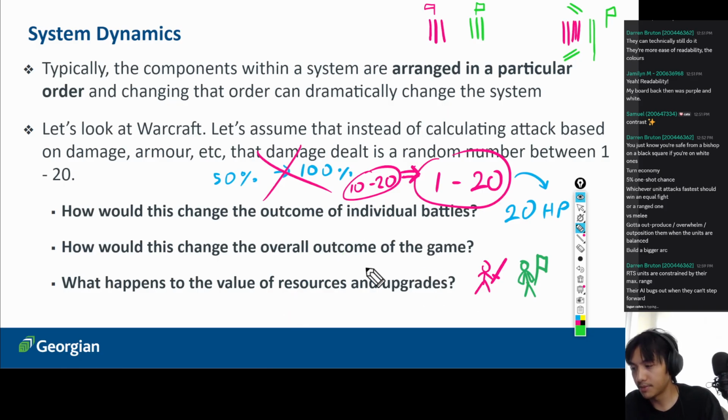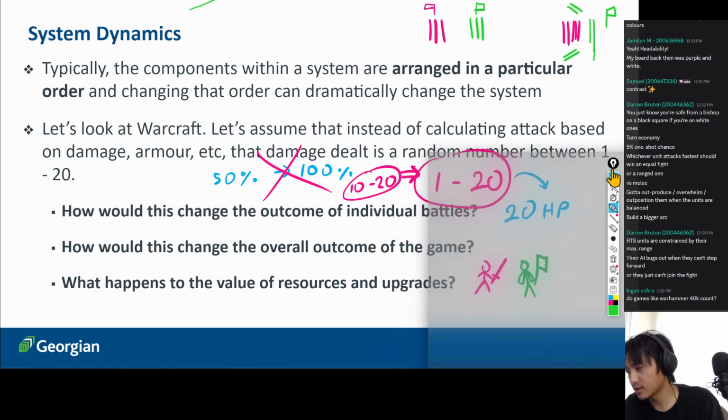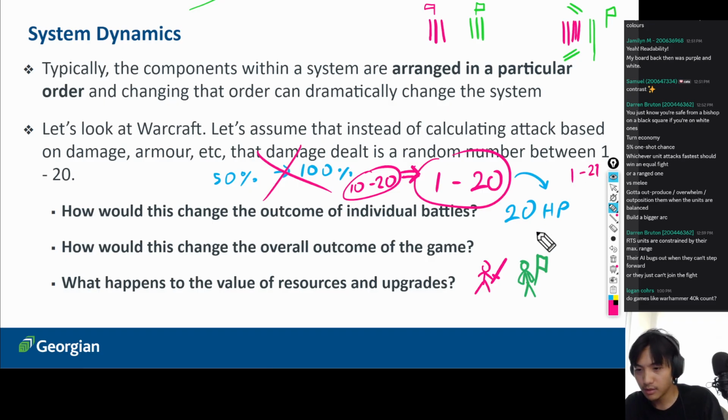But otherwise, if you have upgrades that say you do +1 damage, it might be a lot less effective here in this 1 to 21 situation. Maybe. It can be hard to say sometimes. Sometimes you need to simulate it.